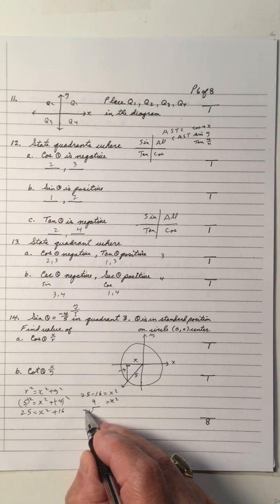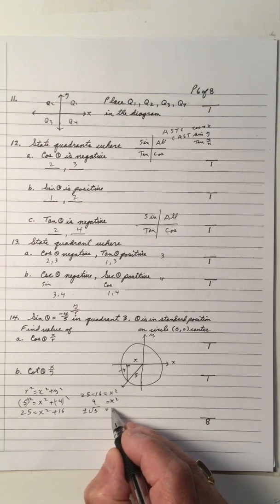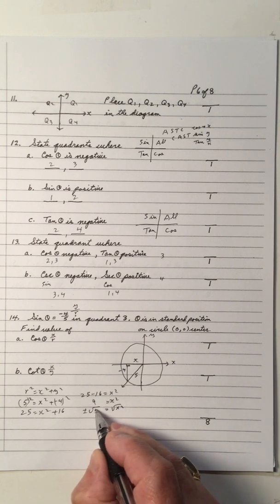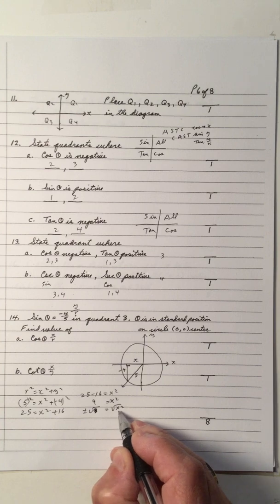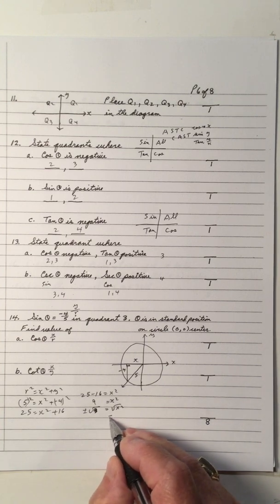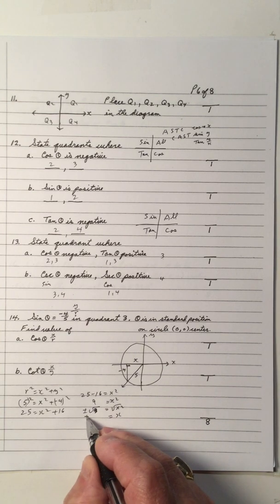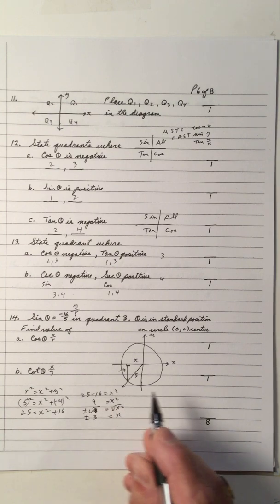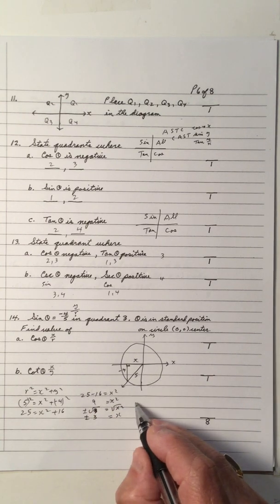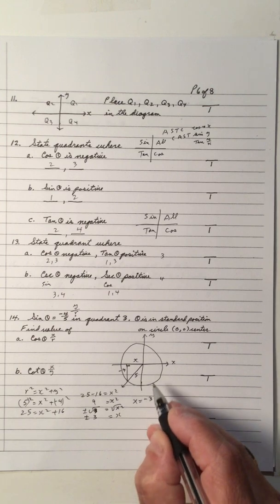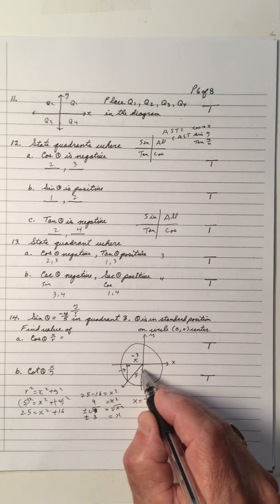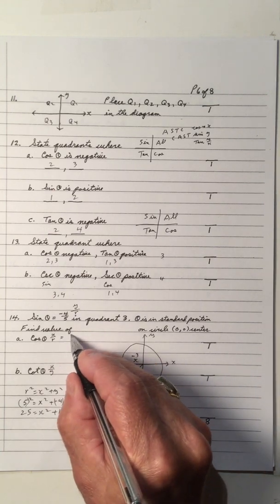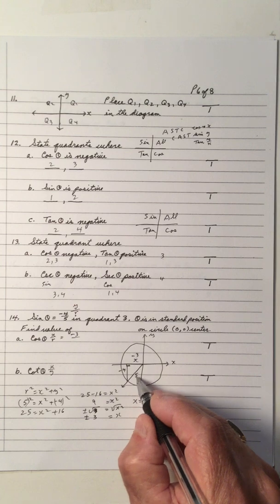Then plus or minus the square root of 9 equals the square root of x squared, and the square root of x squared is x, so x is plus or minus 3. And x in this quadrant is negative, so the answer for x is -3, because you're in the third quadrant. X is -3 over the radius, which is 5.